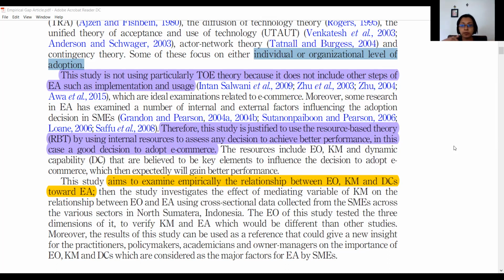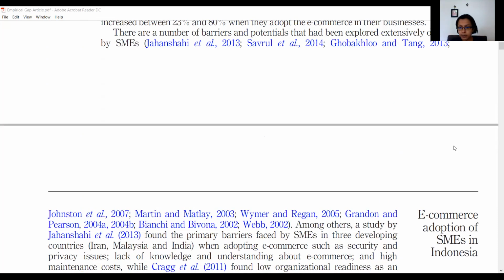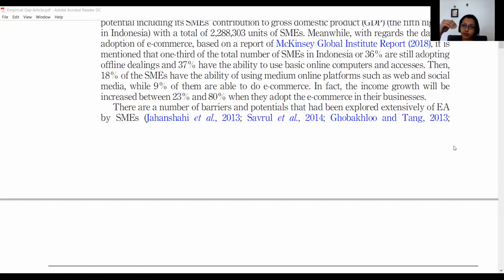So in your problem statement, you can explain the benefit of e-commerce, and that adoption of e-commerce in SMEs is low in developing countries, right? The same as what we discussed in our aging population example. You state the benefit of e-commerce, and you say the developing countries' SMEs are less adopting e-commerce.